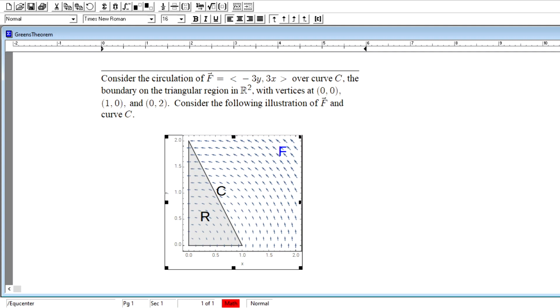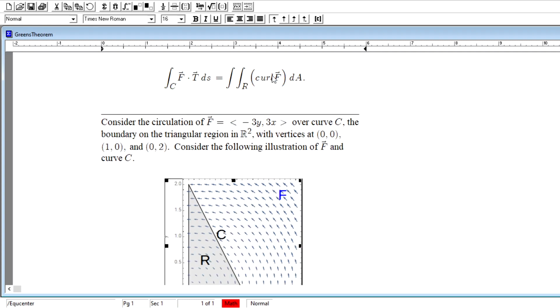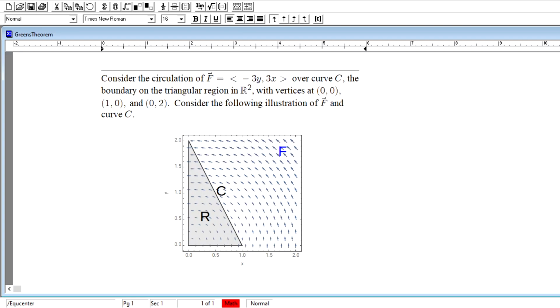And what we've been told with the theorem above is that circulation measurement is really just a description of the curl at every single location in this field.